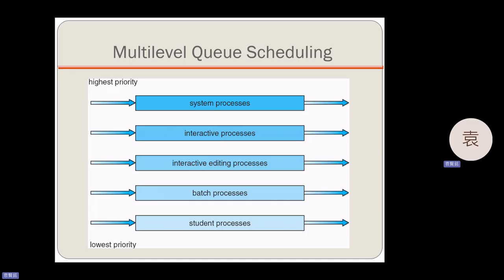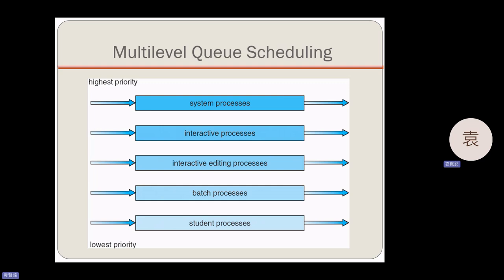For this multi-level queue scheduling, when the process is created, the system needs to have some prior knowledge to recognize the property of this process, and then assign the process to the proper queue.